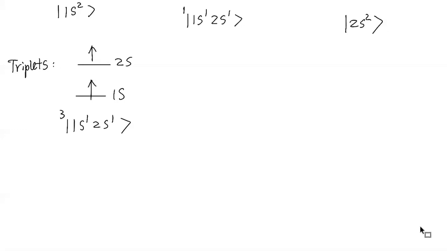Now, of course, this means that I have 2 alpha electrons. So I can use 1s alpha, 2s alpha to denote this particular electron configuration. You can also consider 1 up, 1 down, plus 1 down, 1 up, right? So this is 1s1, 2s1, and this gives you triplet.